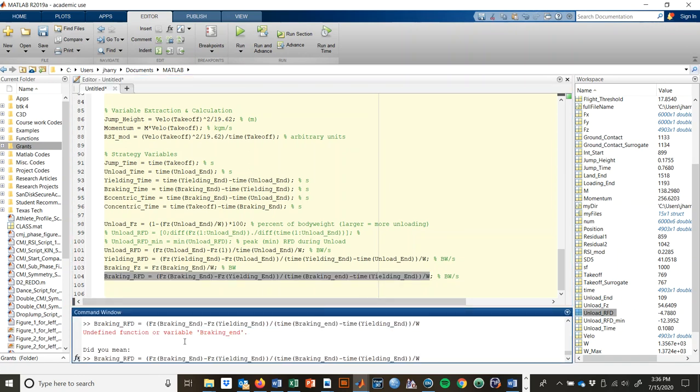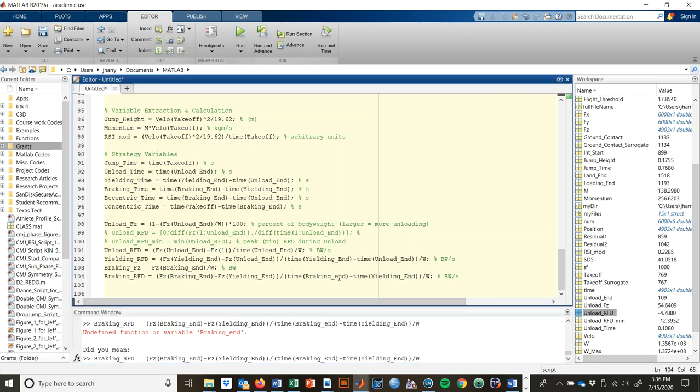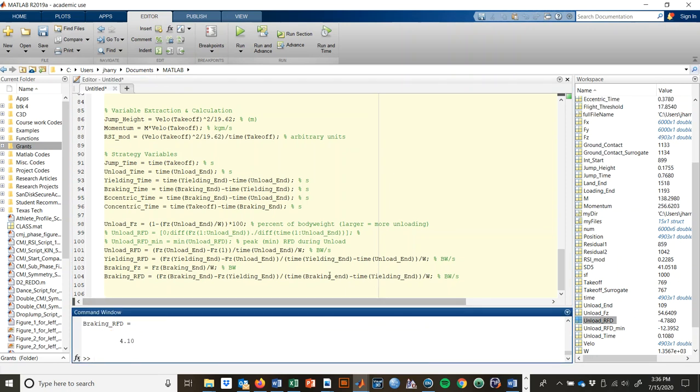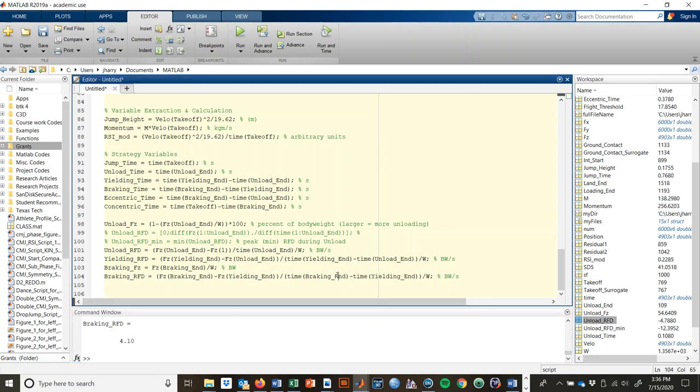Oops, I typed in braking end wrong. I didn't use a capital right here, which I need to. So MATLAB will fix that for me, but I'll fix it here in the code. So just over 4 body weights per second when braking. Still not a good value, but one we want to monitor.